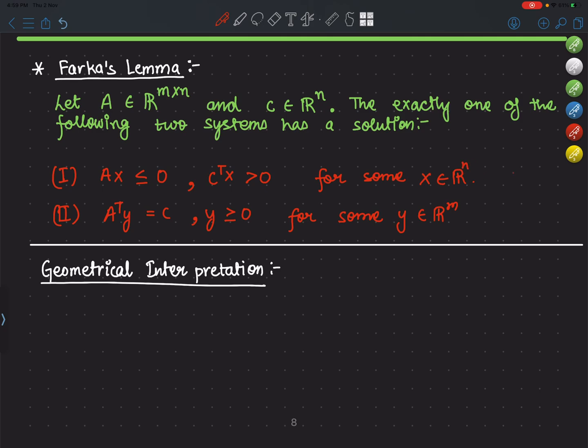So exactly one of these two will be true. Exactly one. So if one is true, the other will be false. If the other is true, the first will be false.